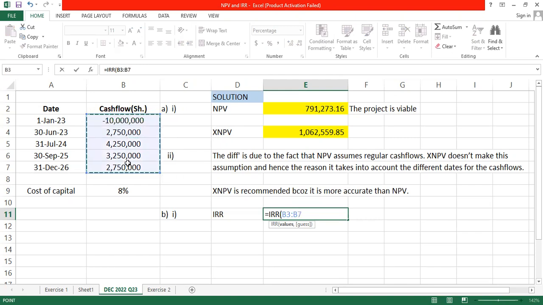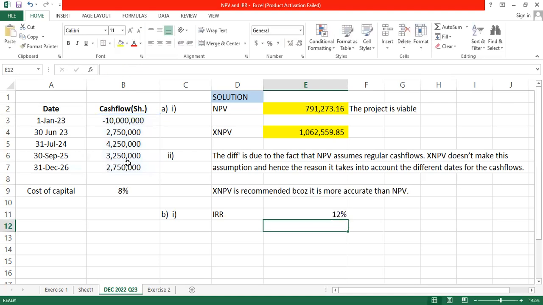From the first cash flow to the last one, highlight all, and press enter. What we get is 12%.